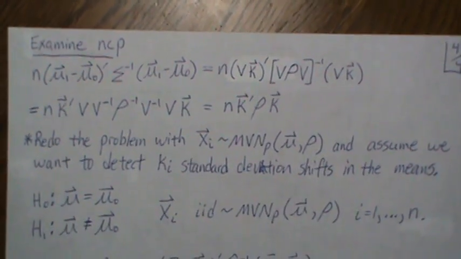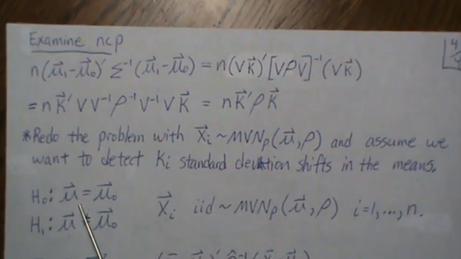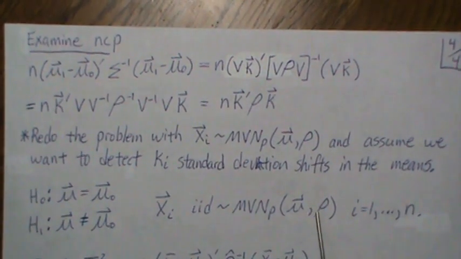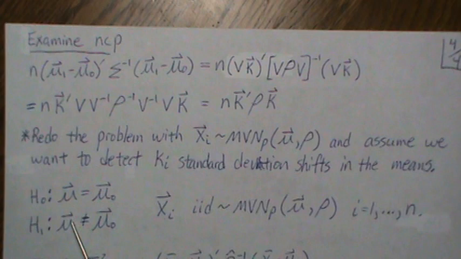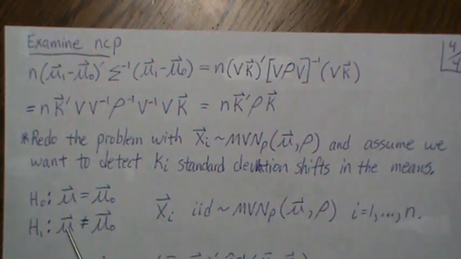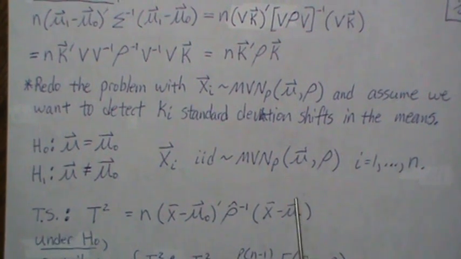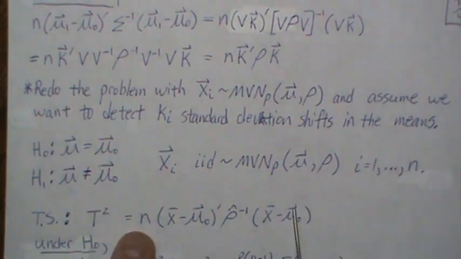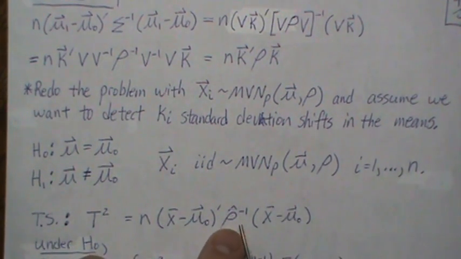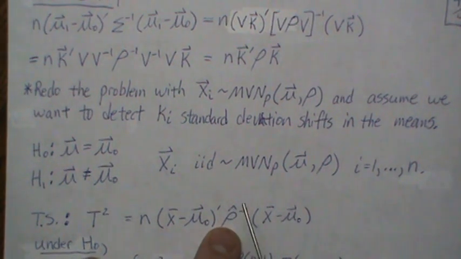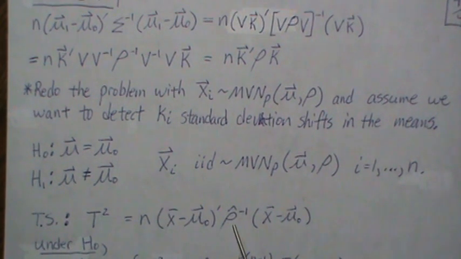It's 100% set up the same way, except we're going to assume the variances are 1. So is the mean vector mu naught, or is it not mu naught? The test statistic is the same standard Hotelling's T squared, and the sample estimate is calculated the same way as in the previous setup.